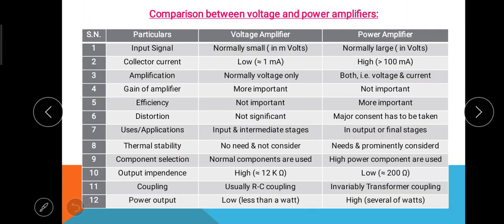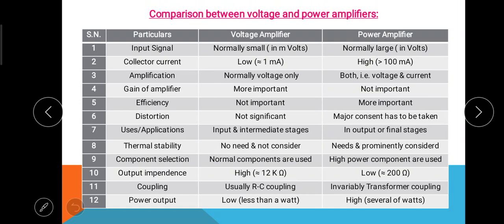So before going into detail about power amplifiers, let us discuss the comparison between voltage and power amplifiers. See, this comparison is divided in the following table. This table has 4 columns. First it is serial number, second the particulars or parameters, third it is voltage amplifier, and fourth it is regarding power amplifiers.